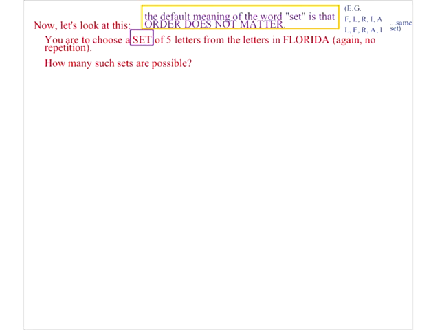So, what's the difference between sets and codes? Well, consider the following. Consider all of these sets.